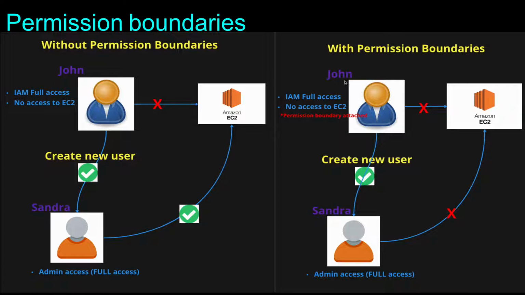But John can still create a new user called Sandra and assign admin access, that means full access. But when he tries to use Sandra's login and access EC2, he gets denied. That's because of the permission boundary attached. So as I mentioned, permission boundary prevents privilege escalation. Let's go to the AWS console and see how these things work.